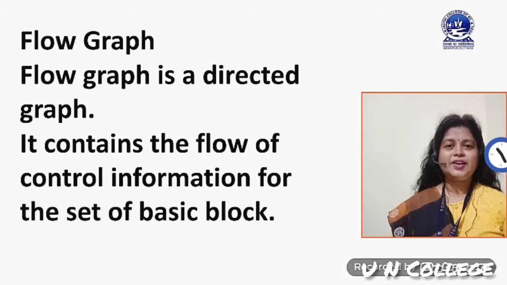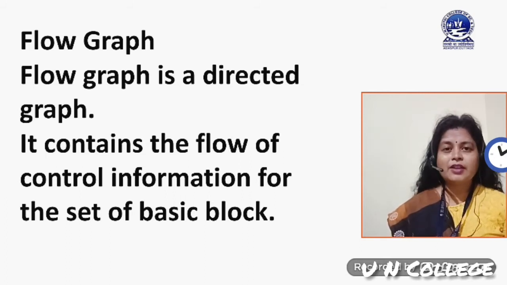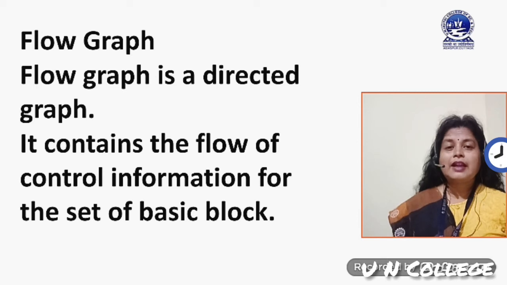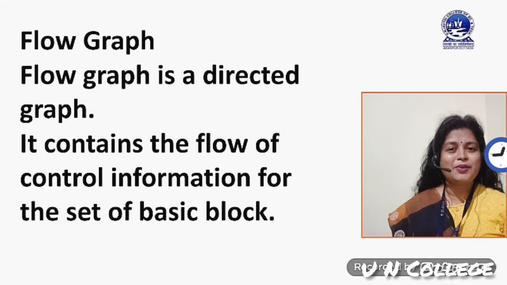First of all, we will discuss the meaning of flow graph. A flow graph is a directed graph. It contains the flow of control information for the set of basic blocks. Whenever you write a program and pass it for compilation, after a number of phases, intermediate code is generated, and during that period your program is divided into a number of basic blocks.